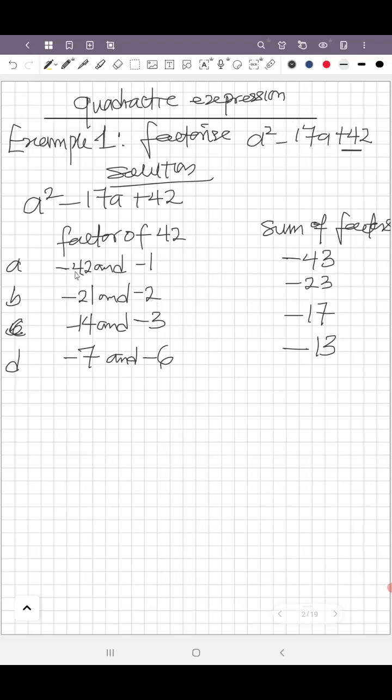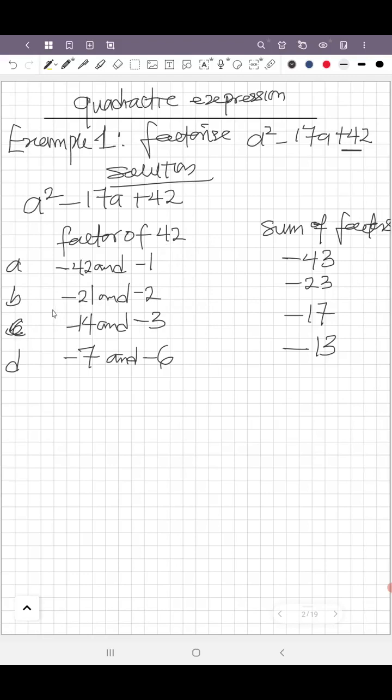By the time you multiply minus 42 and minus 1, it will give you plus 42. Consider that factor, plus 42. So you will now pick one of these. Any classwork I give to you on this, you must analyze this for me. This will give you an opportunity to understand these factors very well.